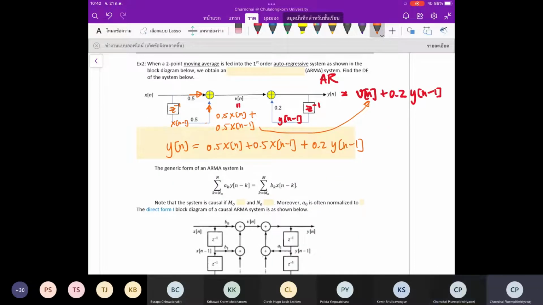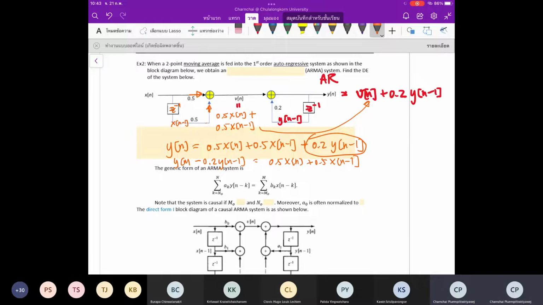And you can see if I move the 0.2 y[n-1] over, we've got y[n] minus 0.2 y[n-1] equals 0.5 x[n] plus 0.5 x[n-1].